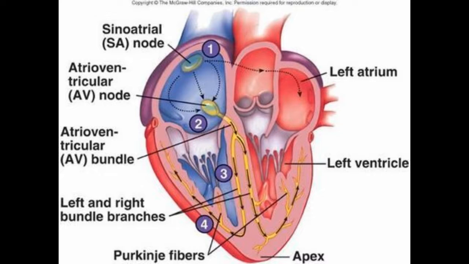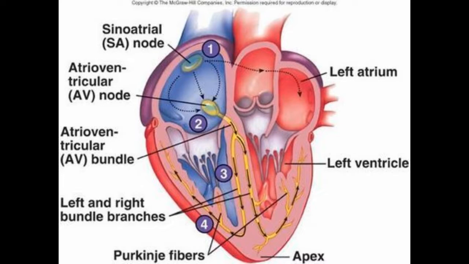Like I said, the SA node is the heart's pacemaker. It triggers impulses, our heartbeat, at a rate of about 60 to 100 beats per minute. The impulse from that SA node, as you can see in this image, originates in the back wall of the right atrium. That electrical signal goes through both atria and then to the AV node.